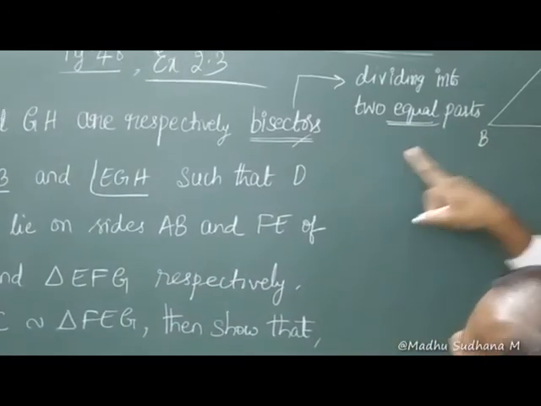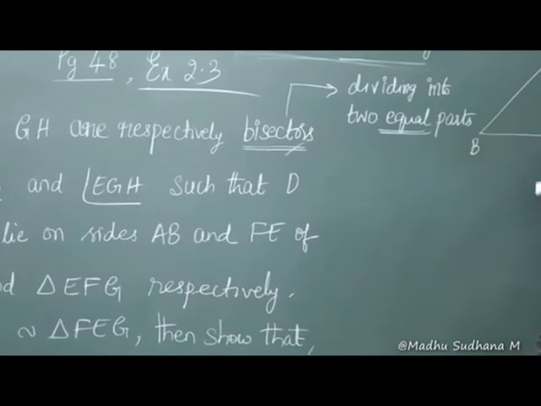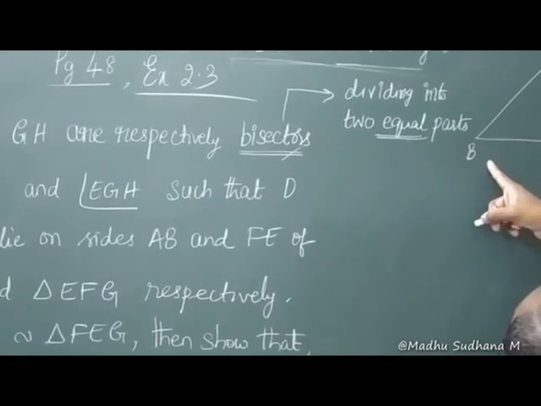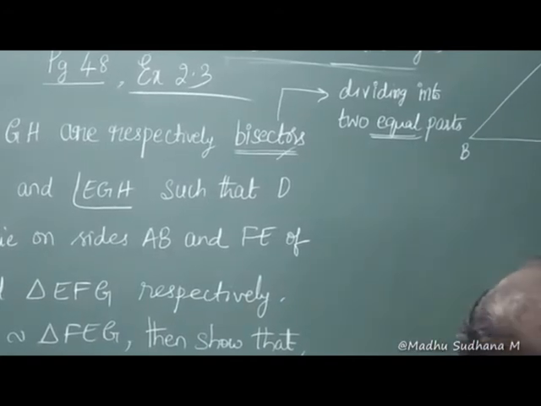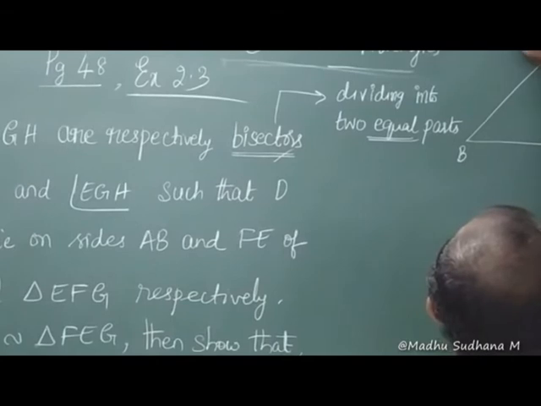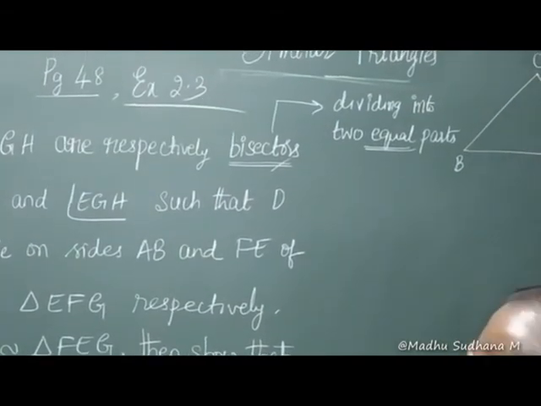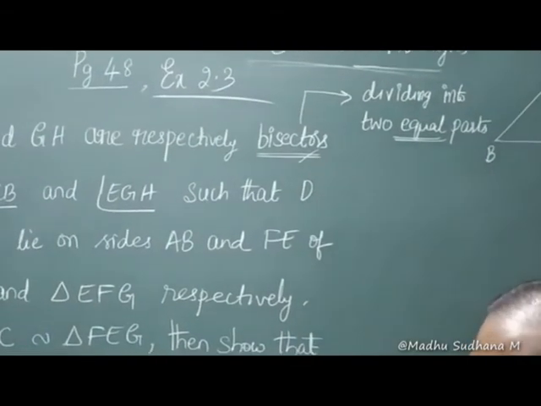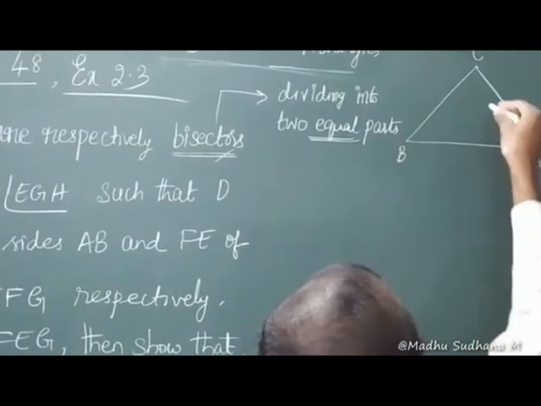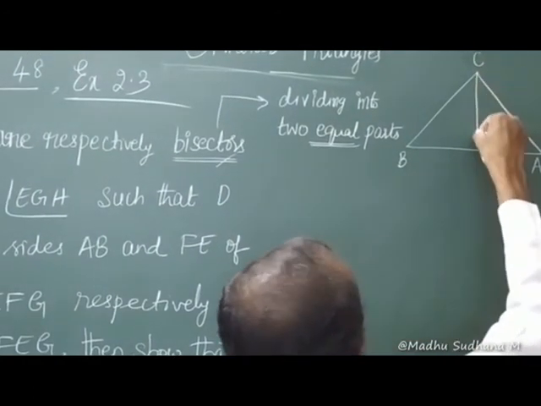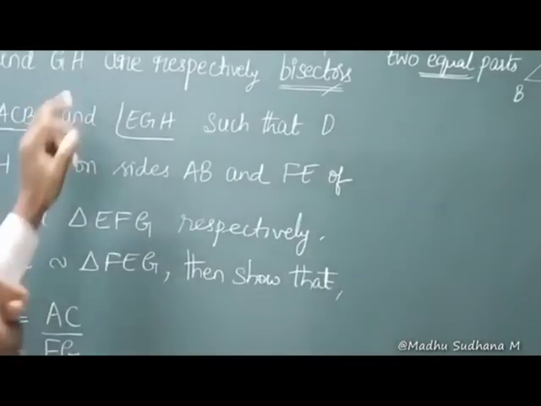CD is the bisector of angle ACB. Let me write, if I have that C here, better I shall change this vertex. So this is C here and this is A. So we have triangles ABC and FEG. So let me write, CD is the bisector on AB. CD and GH are respectively the bisectors.